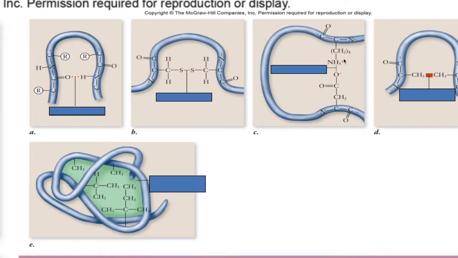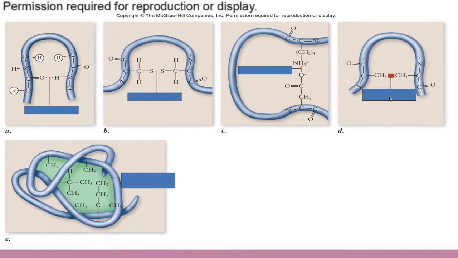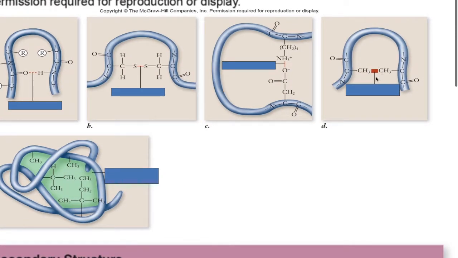In part C, we're looking at an ionic bond, which is also very strong. This is between the positive charge on the ammonia and the negative charge with the oxygen. In part D, we're looking at a van der Waals interaction.